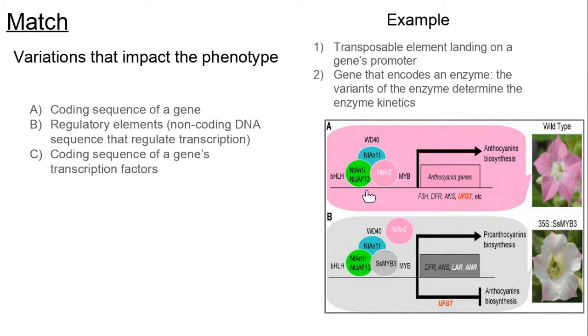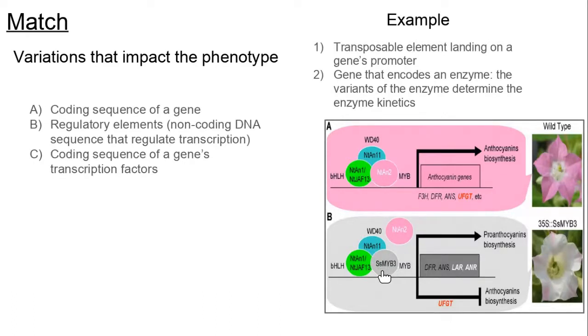So let's see what's the difference between these two. You're like, okay, that's the same, that's the same, and here, these are the same, but whoopsie, now you have this gray one. That's what they injected in the plant. Well, not really, but imagine they injected that. This is a new transcription factor that doesn't exist in the wild type.